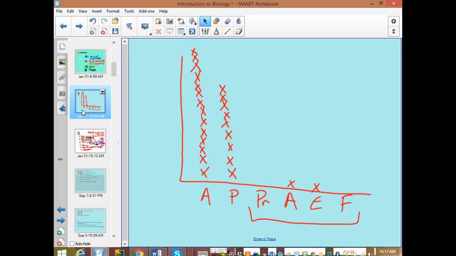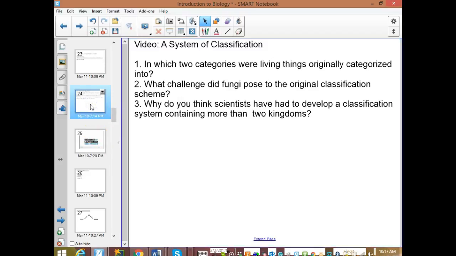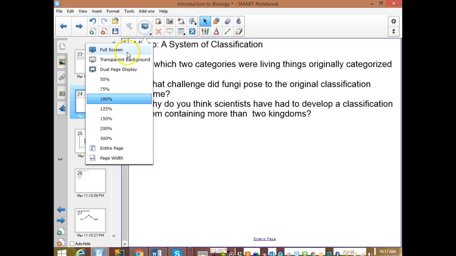Generally, when we tend to think about living things, we identify plants and animals because they're what we can see, they're what we eat, they're what we generally interact with on a day-to-day level that we notice. So the original classification schemes included plants and animals.